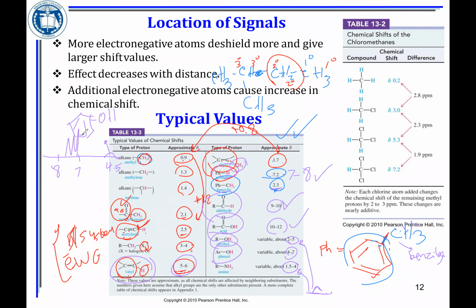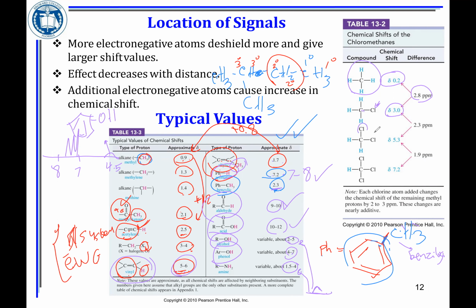No? Okay. Electron withdrawing group is going to increase the shift. So if we have CH4, that's the first family member of the alkane. It shows a peak at less than 1. When you add one Cl group to the same carbon that carries the hydrogen, this is like a direct effect, and it's going to move to 3, moving about 2.5.